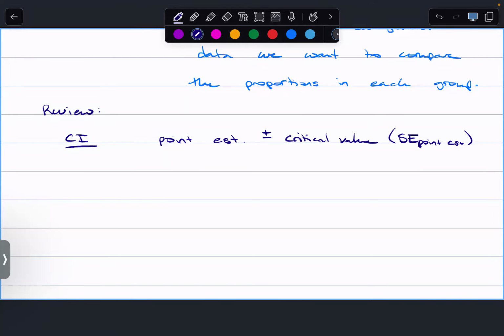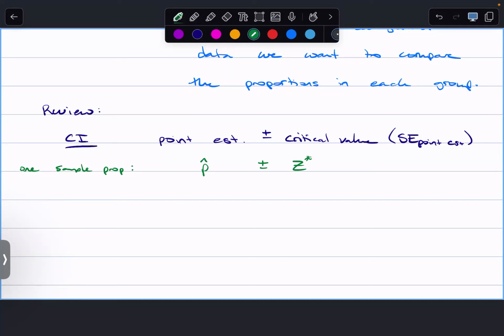Now for one sample proportion, the point estimate, my best guess at what the population proportion was, is p hat. We built our interval around our sample proportion, and then we had plus or minus a critical value, which we denote by Z star.